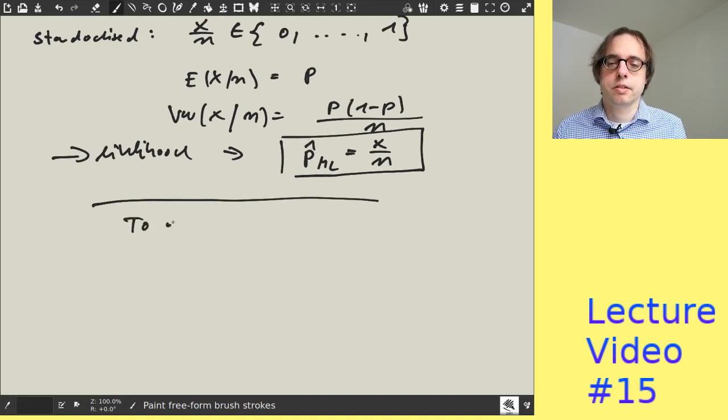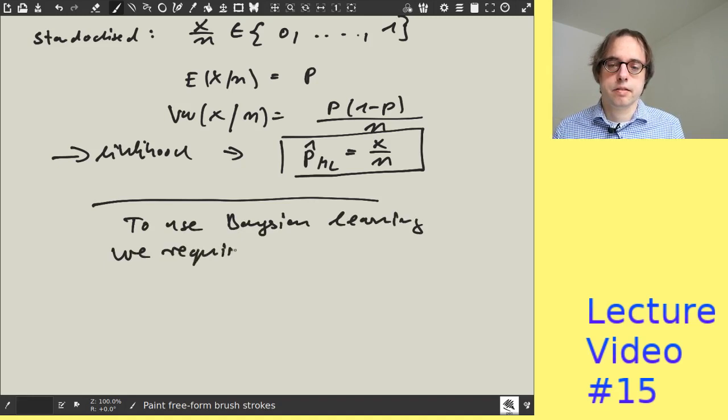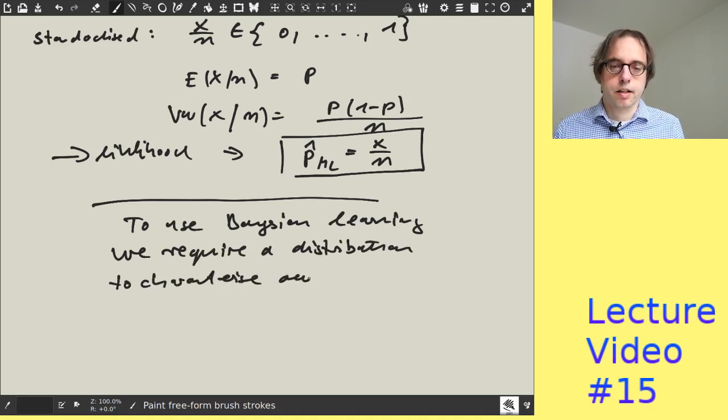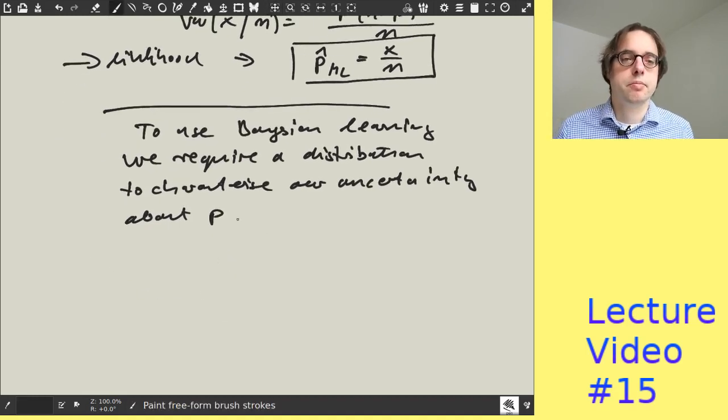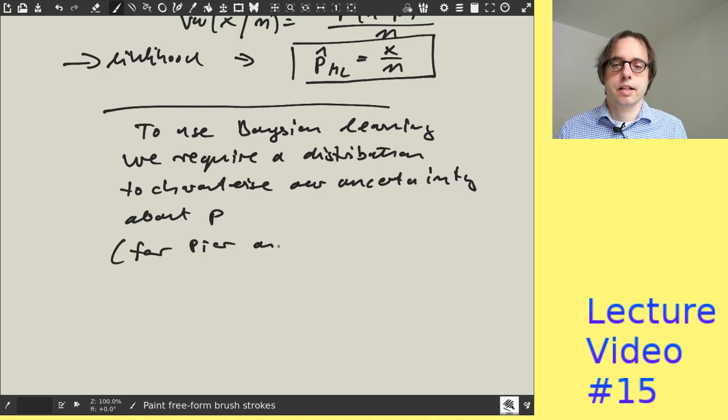So to use Bayesian learning, we require a distribution to characterize our uncertainty about p, and we need this both for the prior and the posterior. What we will be using here is the beta distribution.